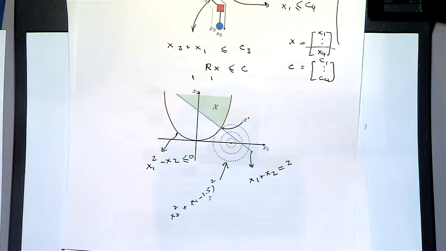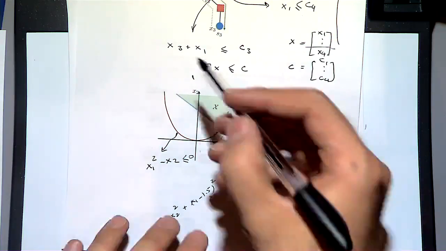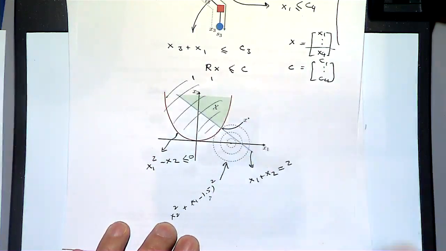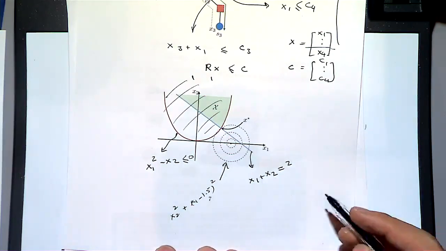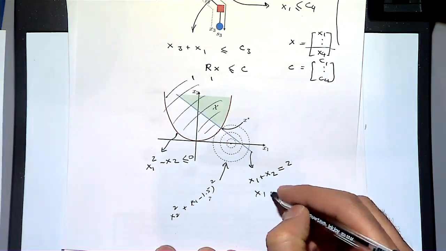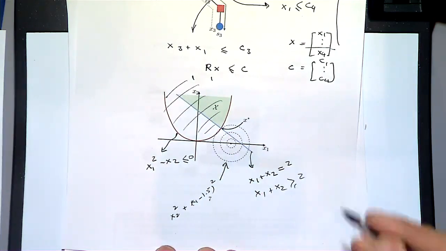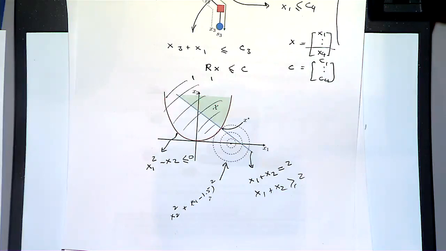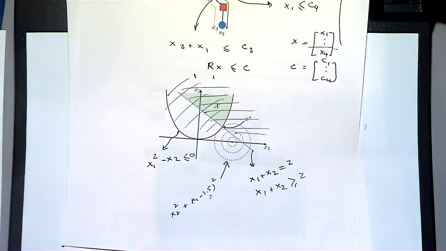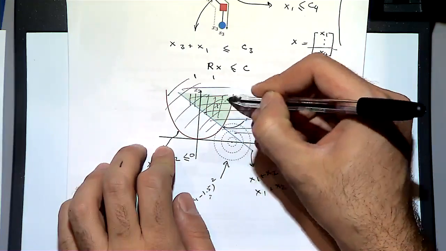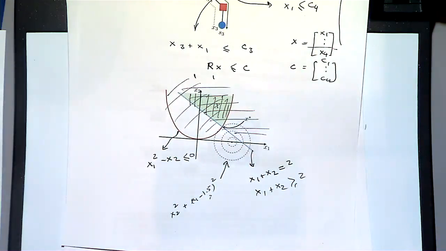It is above the curve, right? It's here. It's really just a line. If I have a line and I'm interested in all the points that satisfy this relationship, this would be above the line as well. So the constraint set is all the points in the intersection of these two sets.